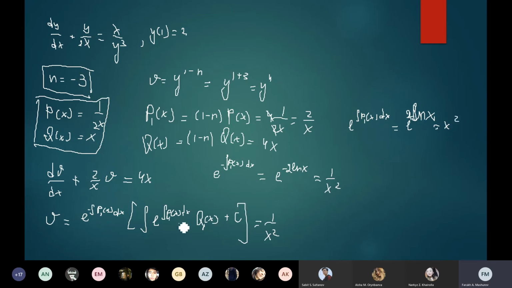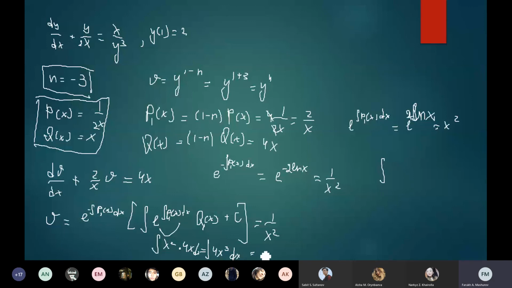Okay, now I know that this one is equal to x squared, and I need to multiply by q1(x). q1(x) is equal to 4x. So let's find here the integral of this one. So x squared multiplied by 4x. So here I have what? 4x to the power 3, and the integral of 4x to the power 3 is equal to what?